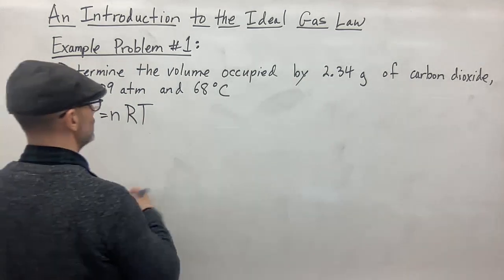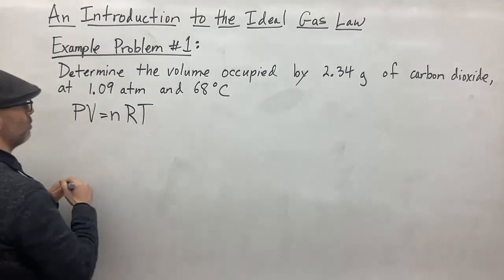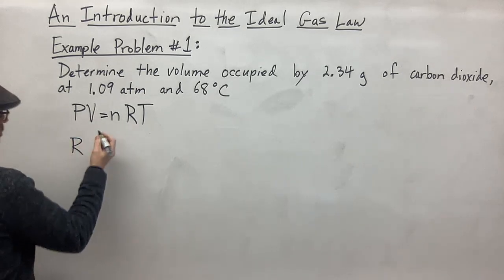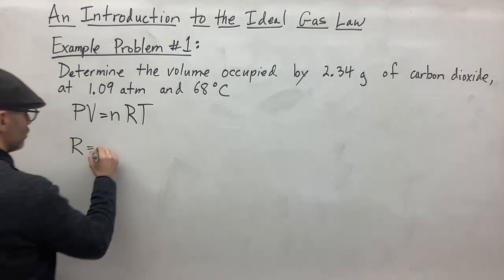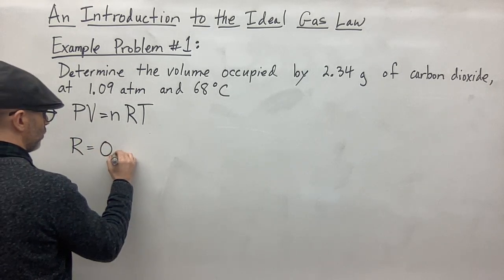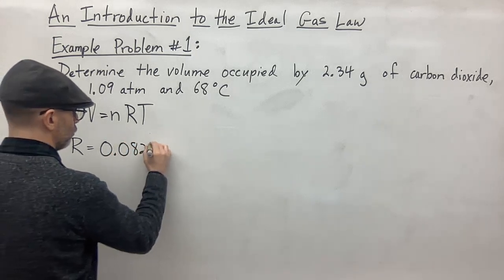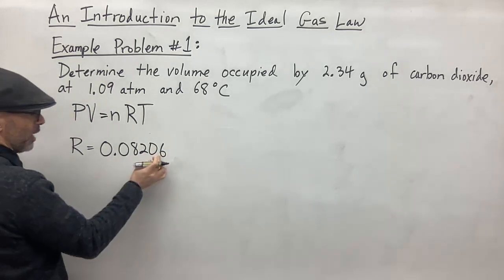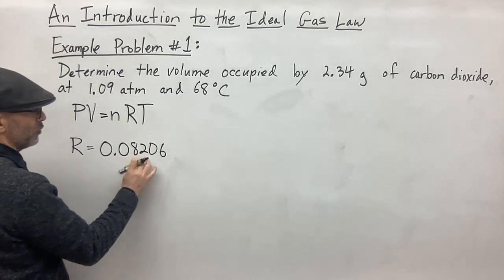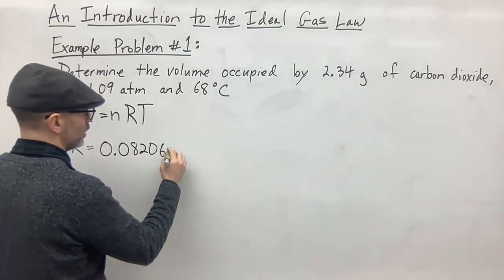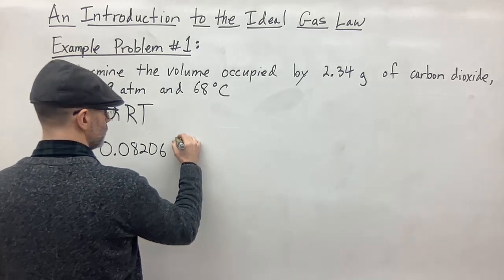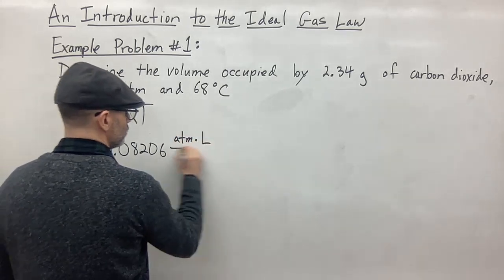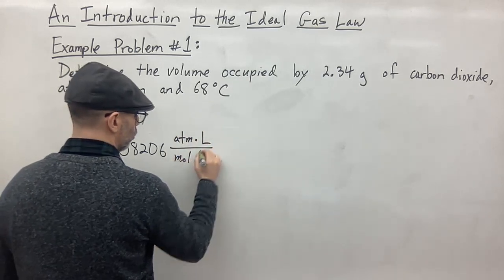And you want to list what you're given in the problem. So the first thing I'm going to write is R, the R that I'm using, which is 0.08206, or you might round this to 0.0821. Doesn't matter. So this is going to be atmosphere liters over mole Kelvin.